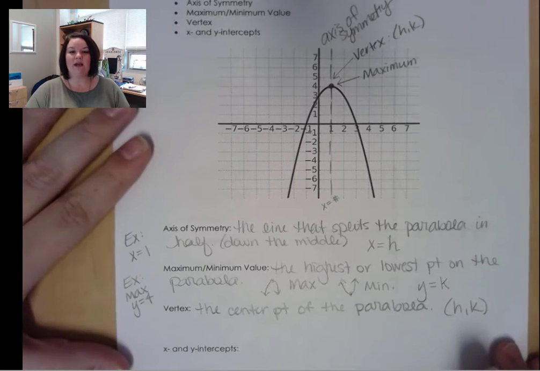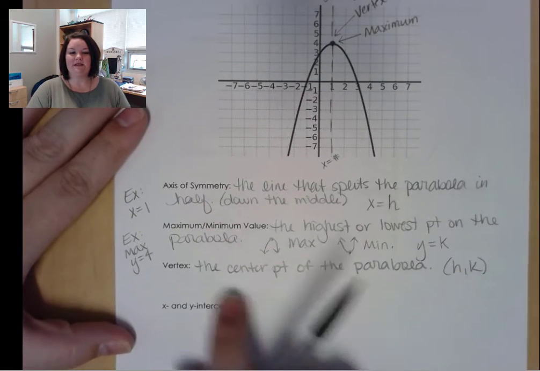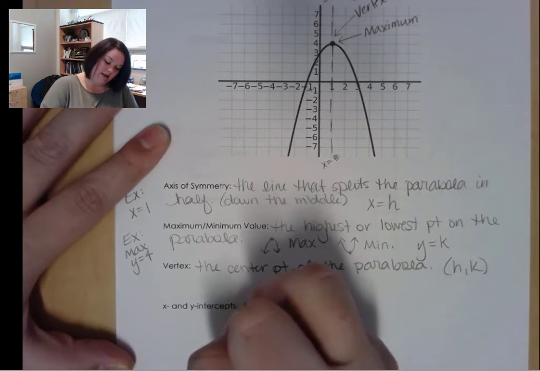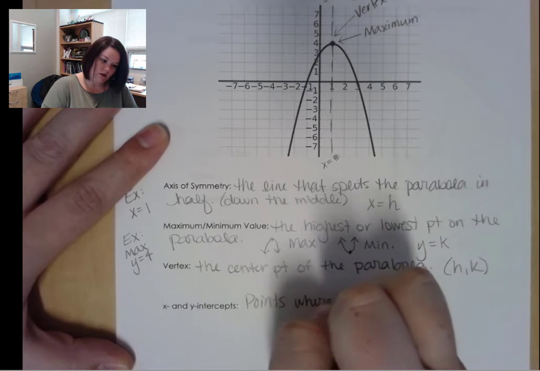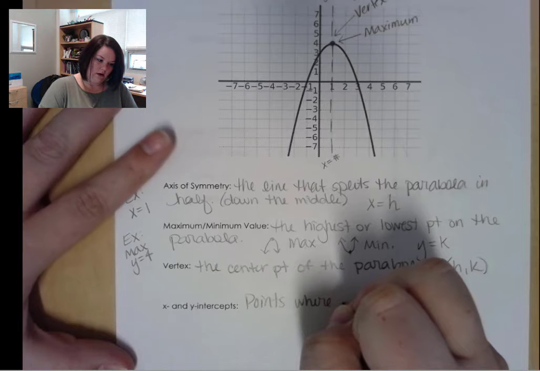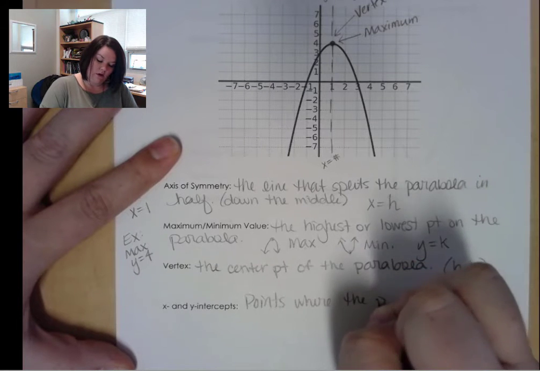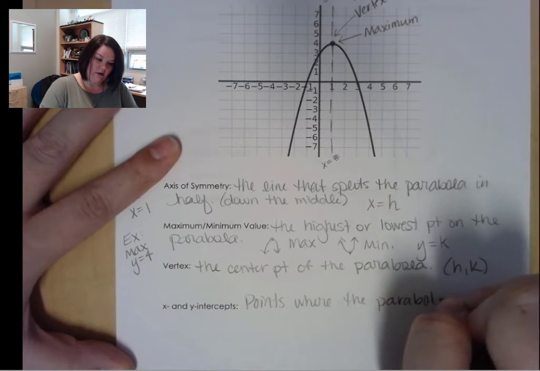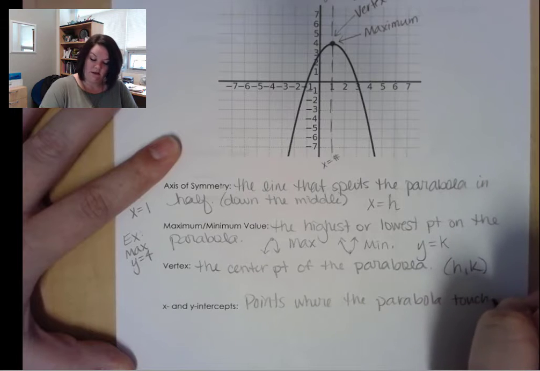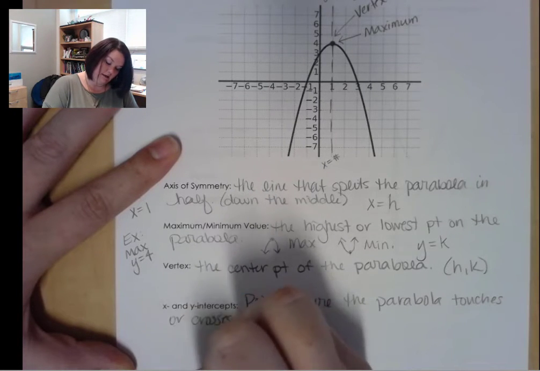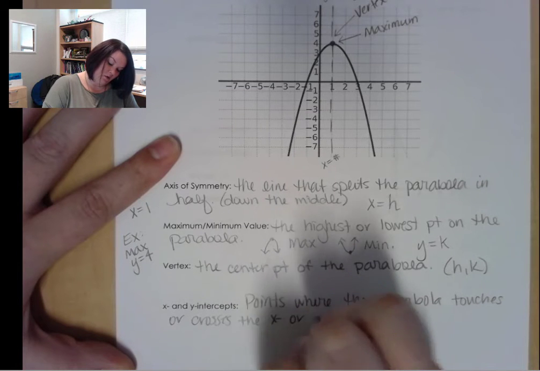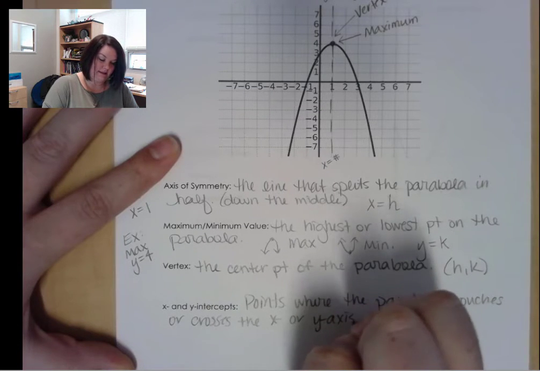And then the last thing that we identify on a parabola is our x and y intercepts. Okay, and these are just points where the parabola touches or crosses the x or y axis.